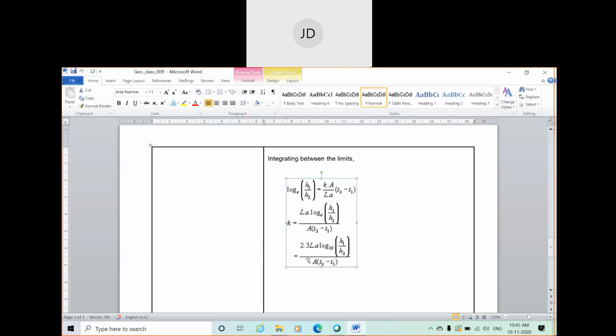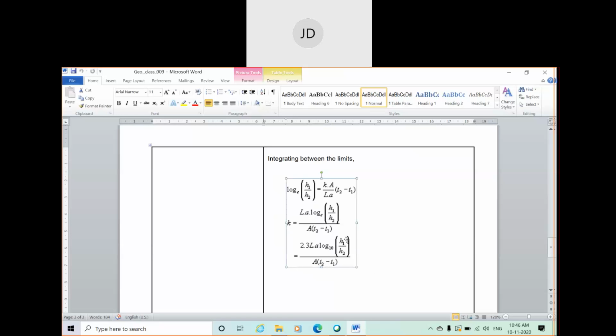grained soil, given as 2.3 La, that is, L is your length of the sample, small a is your cross sectional area of the standpipe, log 10 of H1 by H2 divided by capital A into T2 minus T1. Capital A is your cross-sectional area of the soil sample, and H1 is what?